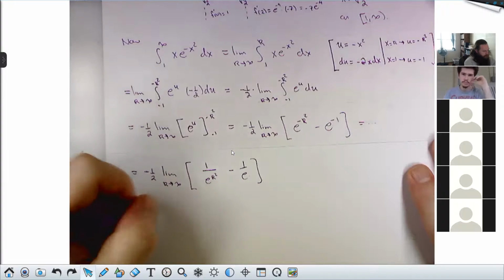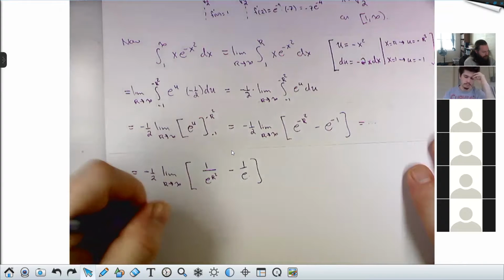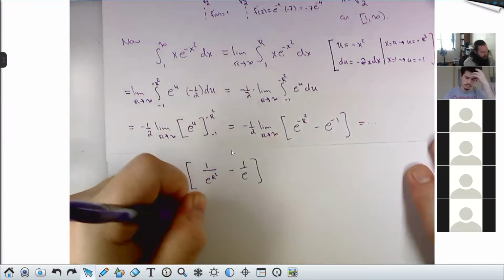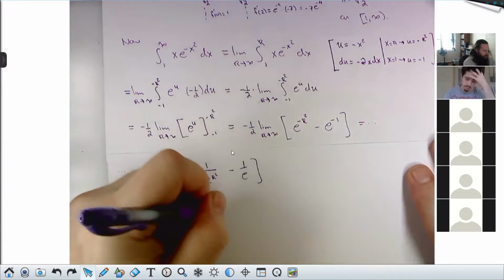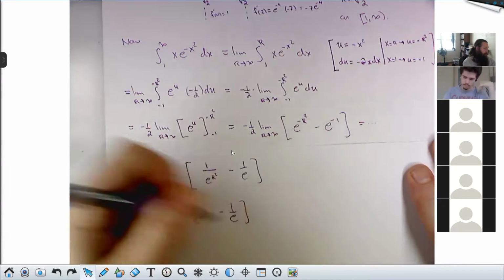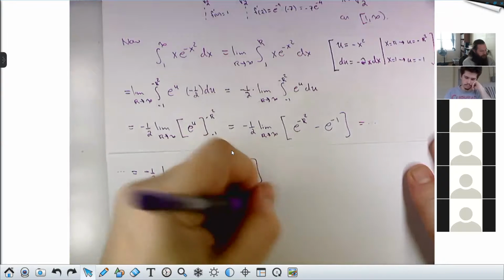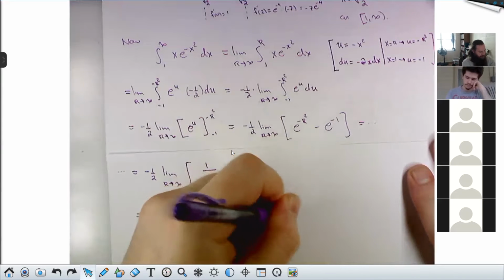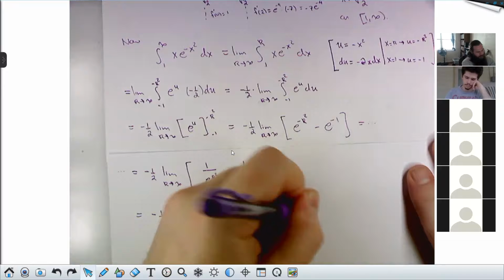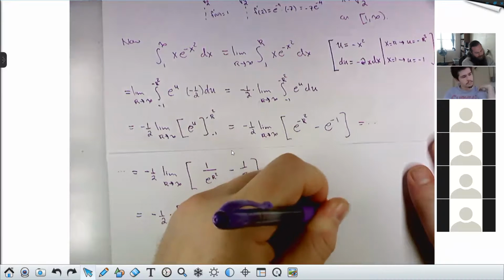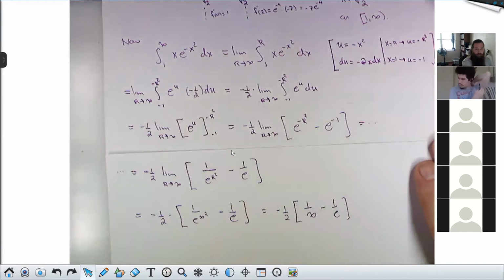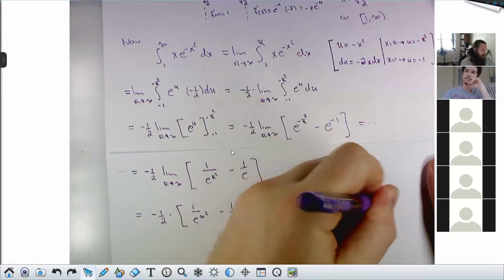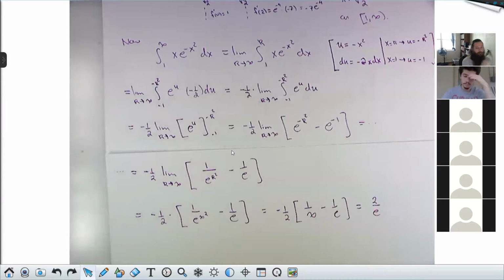And now as r goes to infinity, this is -1/2 times 1 over e to the infinity squared minus 1 over e. Infinity squared is infinity, e to the infinity is infinity, so this is -1/2 times 1 over infinity minus 1 over e. 1 over infinity is 0, so this is positive 2 over e.